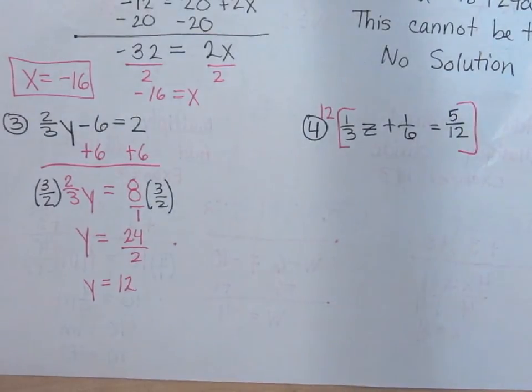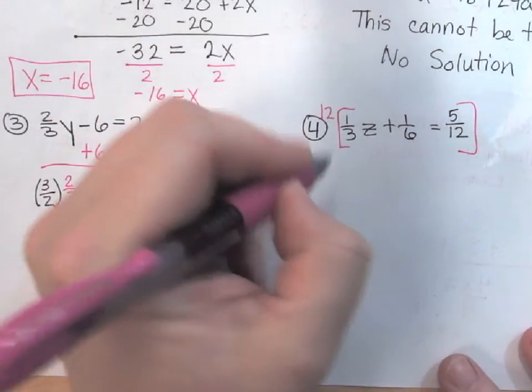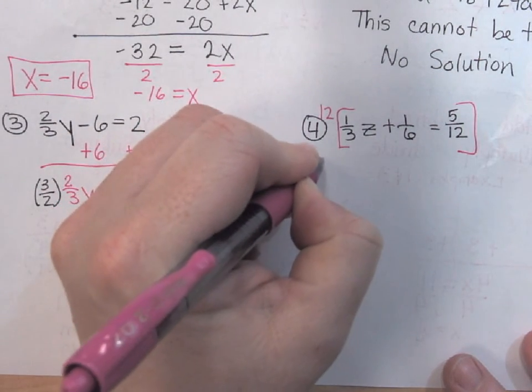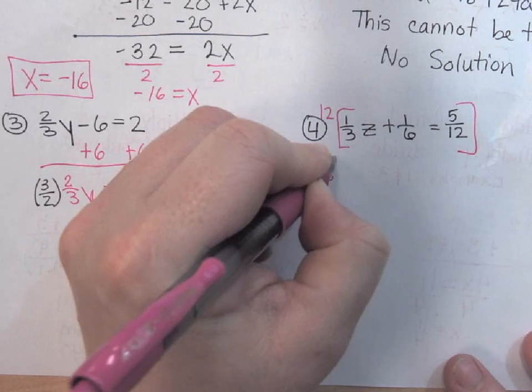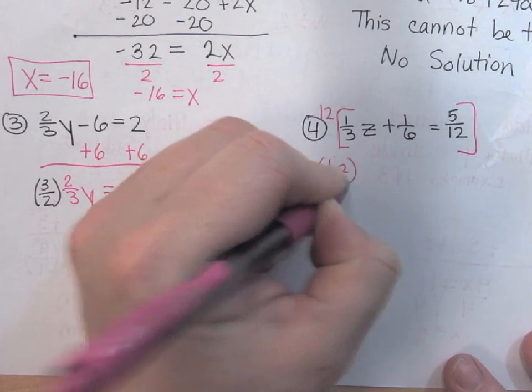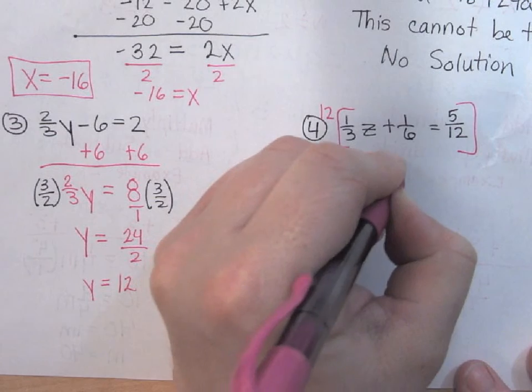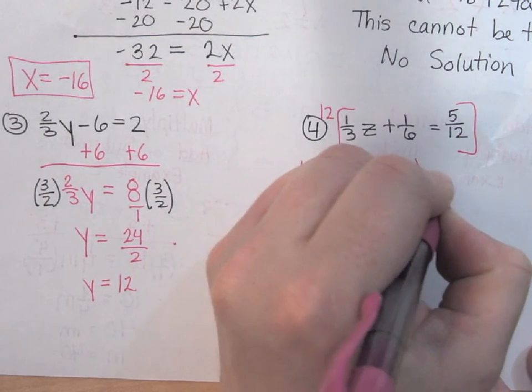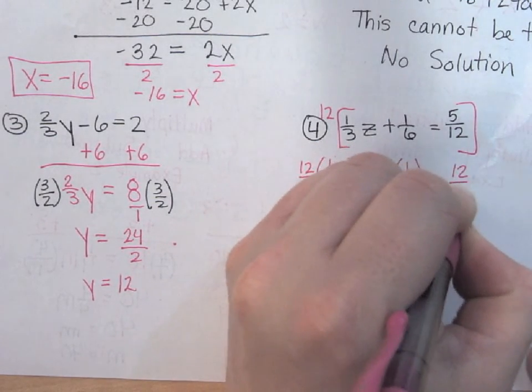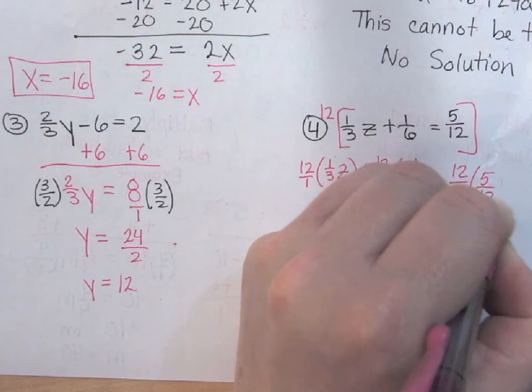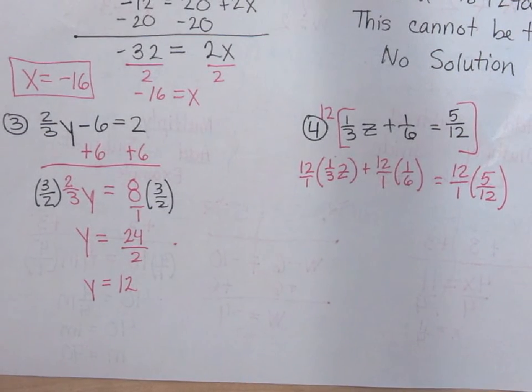use the distributive property, okay? So it'd be 12 over 1 multiplied. Yeah, 12 over 1. So if you see, I multiplied all 3 terms. Okay, every term got multiplied by the 12.